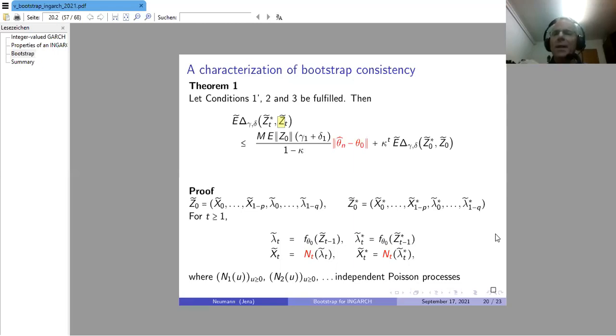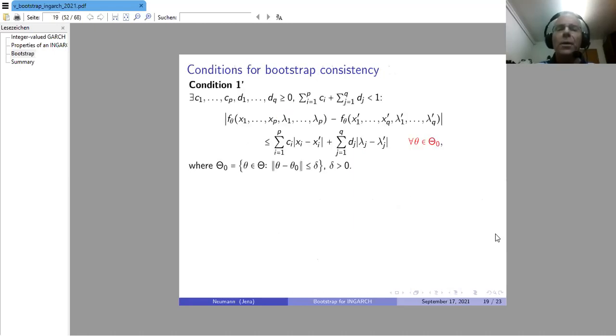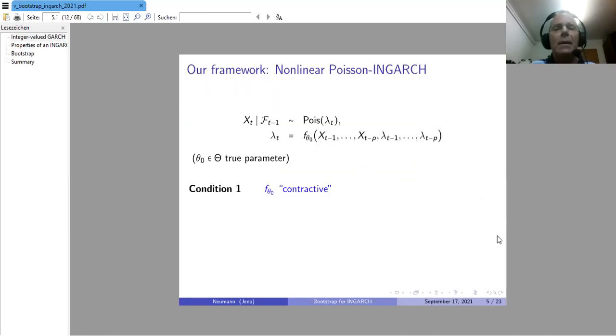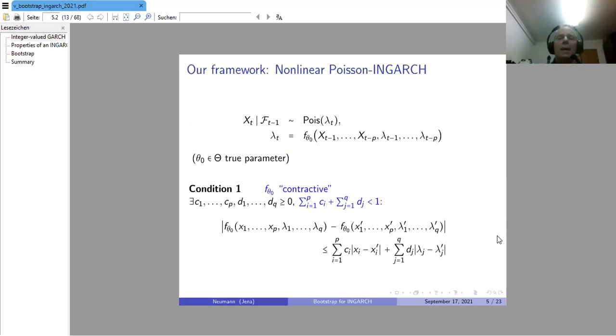I mean, everything in my talk was based on some sort of physical coupling of two versions of the process. And this physical coupling was successful because of this contraction condition. So I have to go maybe to the very beginning of my talk. I mean, your question is what happens if we replace this condition number 1 by some sort of mixing condition, right? Yeah, right.